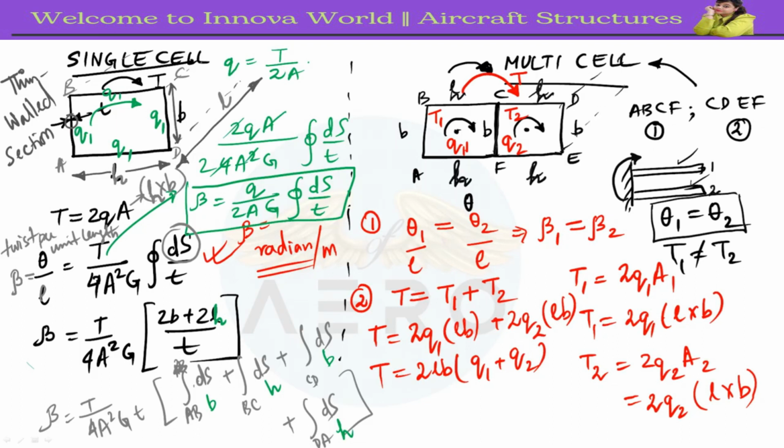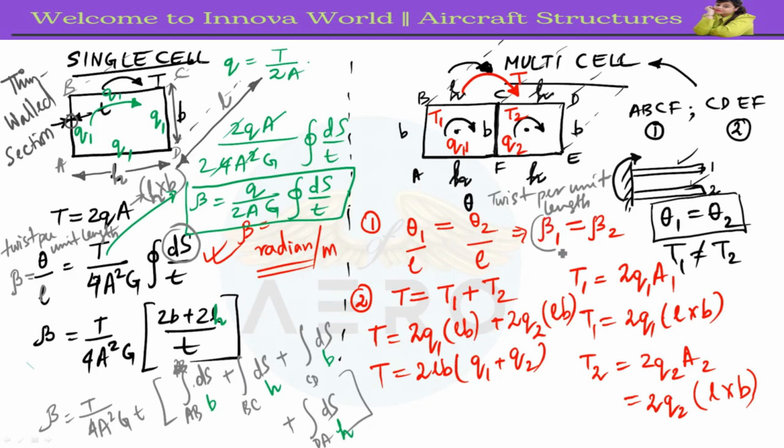Here also consider a length along this, and this is a cantilever beam. The length of both the cells is the same. Then when a torque, capital T, is applied, their twist per unit length is going to be the same.